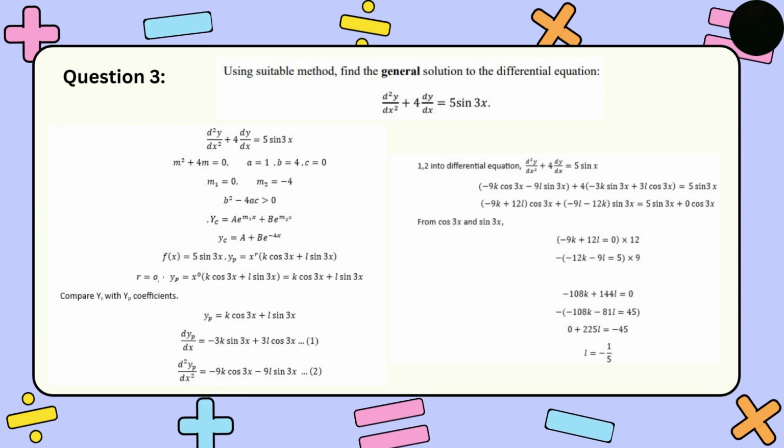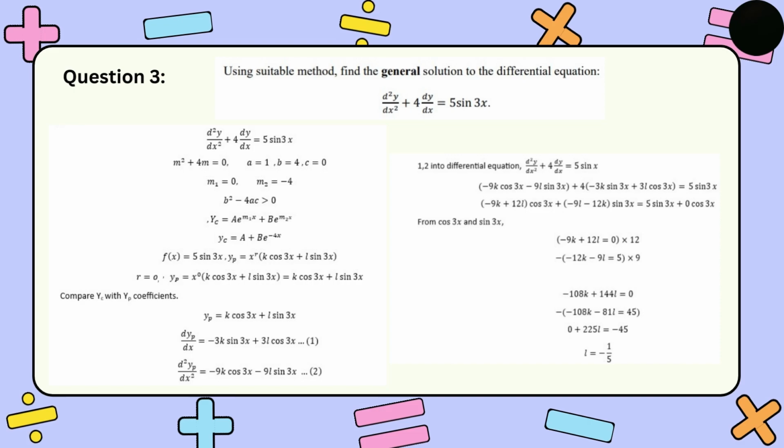For the first one, we need to multiply with 12, and the bottom one we are going to multiply with 9 to eliminate k. After that, we will get negative 108k plus 144l equal to 0, and the bottom one, negative 108k minus 81l equal to 45.